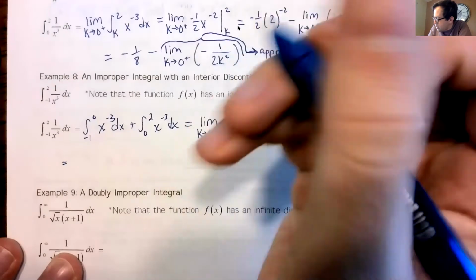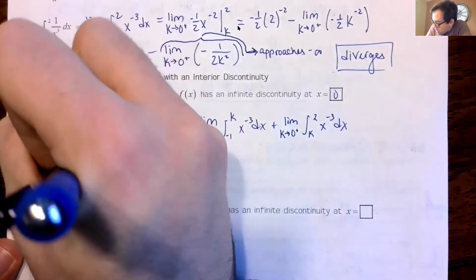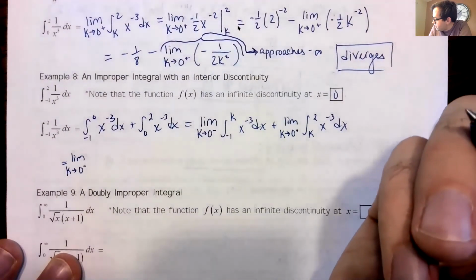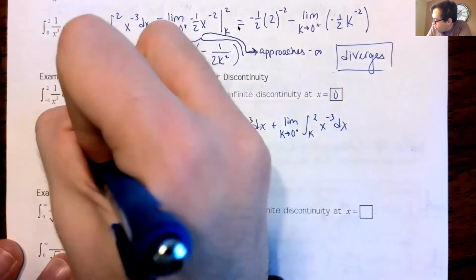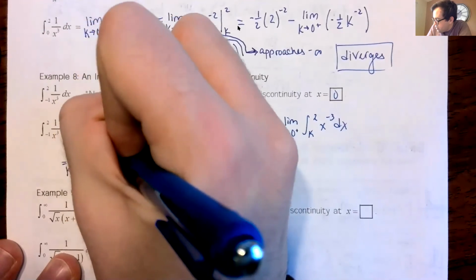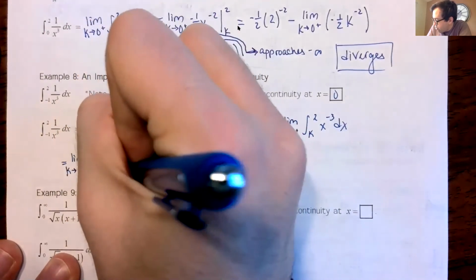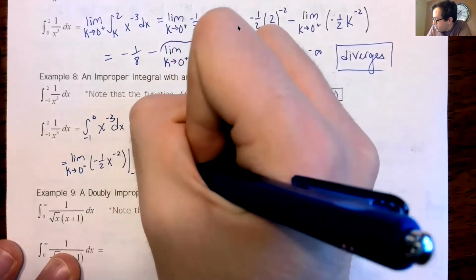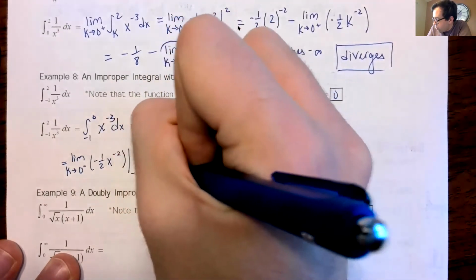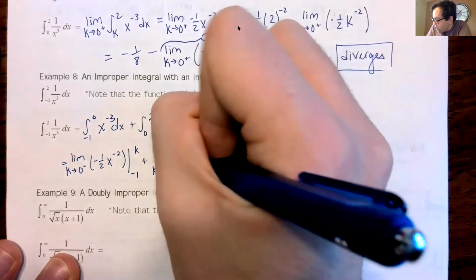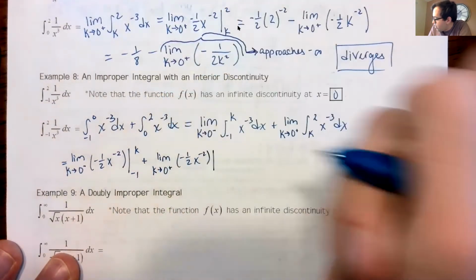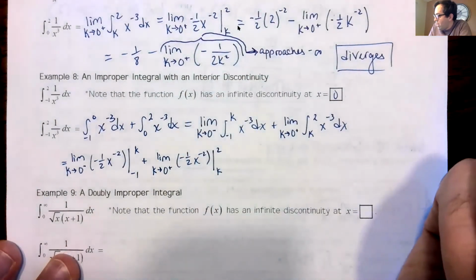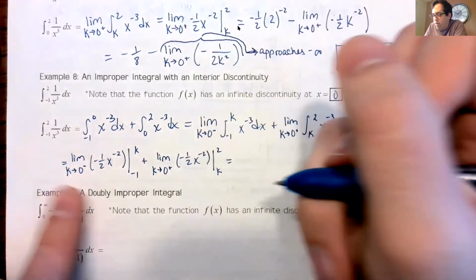So let's see, we've got the limit as k approaches 0 from the left of -1/2 x to the -2 evaluated from -1 to k plus the limit as k approaches 0 from the right of -1/2 x to the -2 evaluated from k to 2. And if we wrote all of that out, let's do that quickly.